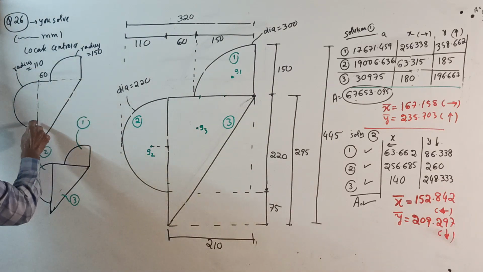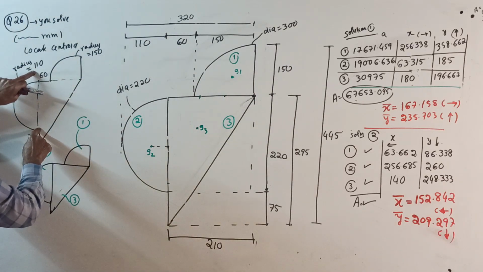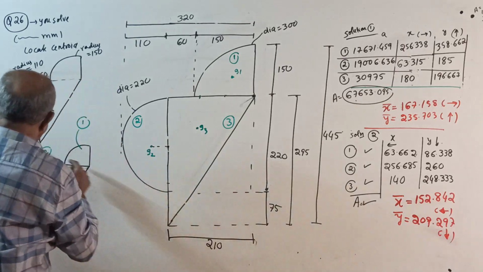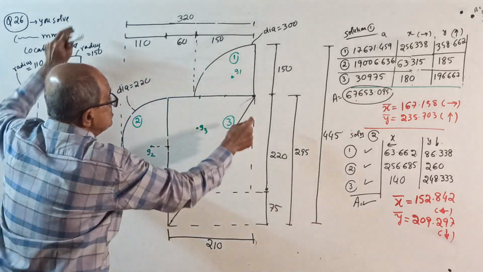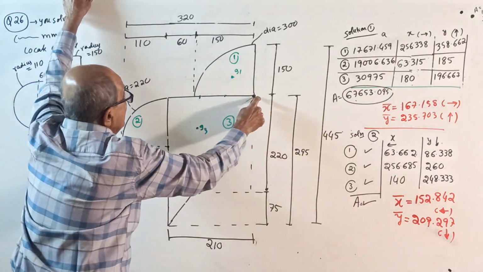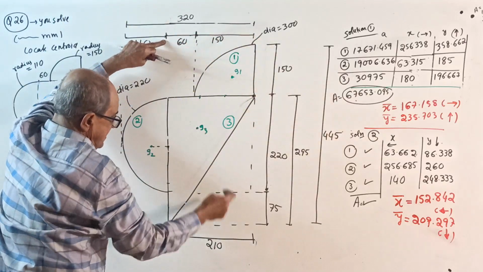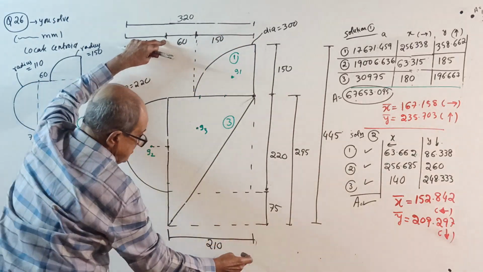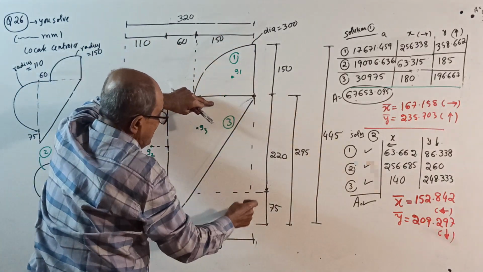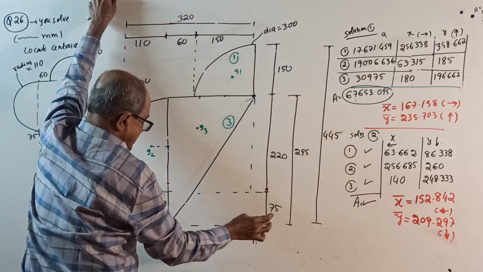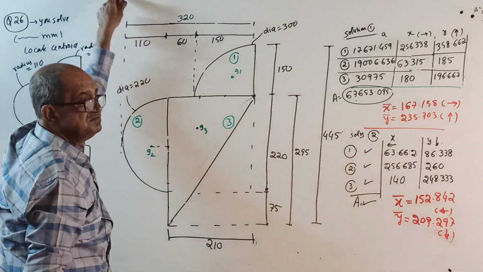Radius 110 means this diameter is 220, plus 75 extra. So now this triangle will have a base of 150 plus 60, that is 210. This triangle will have a vertical height of 220 plus another 75, which is 295.